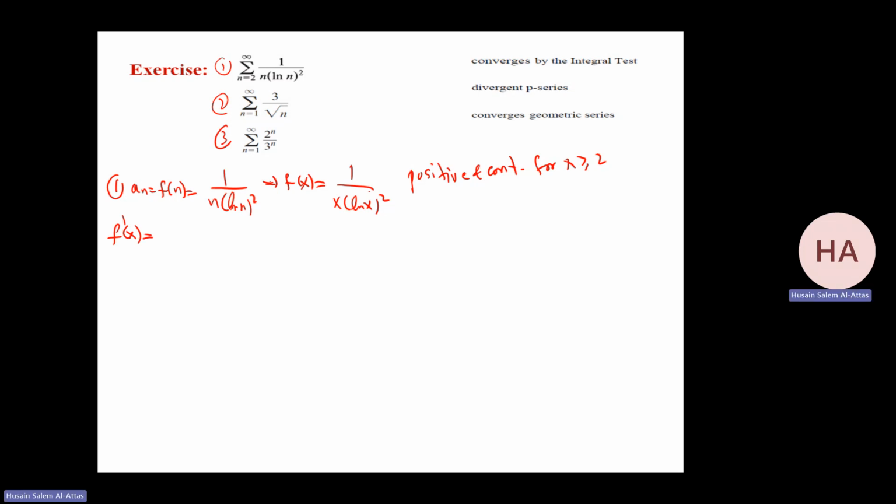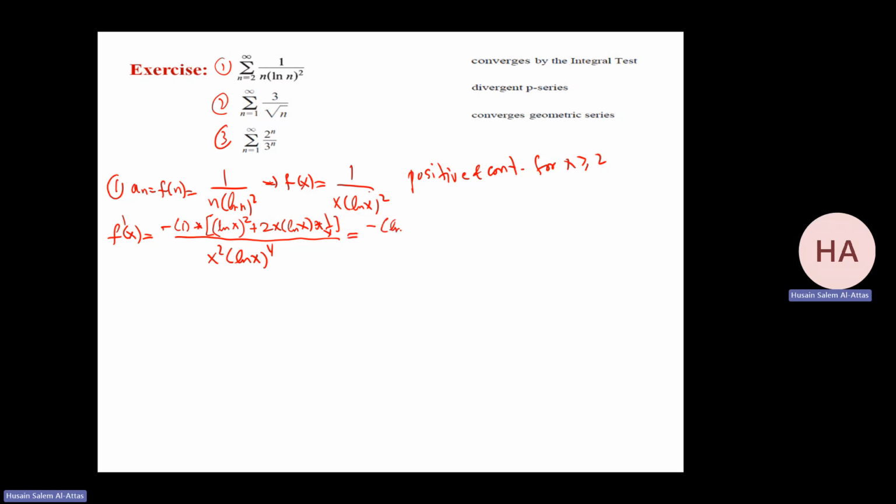That will be 0 times the denominator minus 1, the numerator, times the derivative of the denominator. This is the product rule. Let me do it carefully. That will be (ln x) squared plus, by the product rule, 2x ln x times the derivative of ln x, which is 1 over x, all over x squared (ln x) to the power 4. And that will be negative.